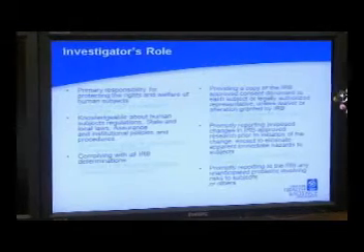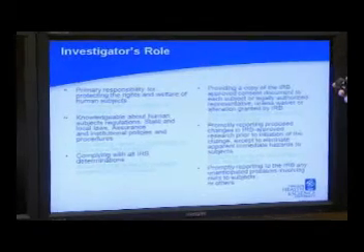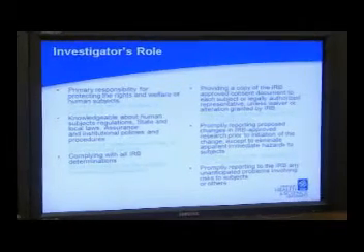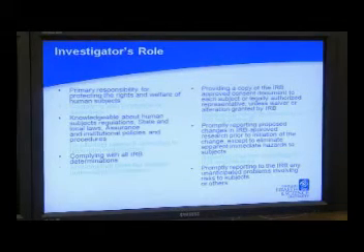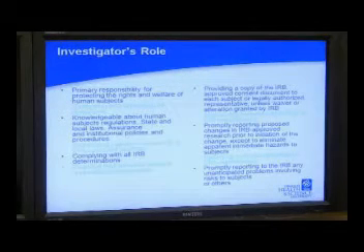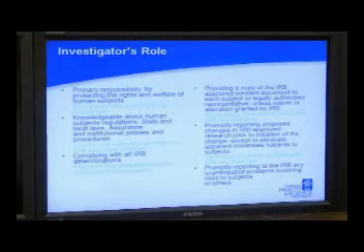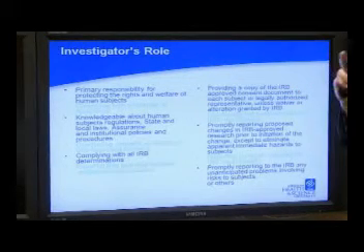I have a whole list here of what an investigator's role is. I'll go through them very quickly. They are to comply with the provisions and requirements of the IRB. They have to be knowledgeable about human subjects protections. They need to follow the research as it's approved. The IRB system is a prospective system.